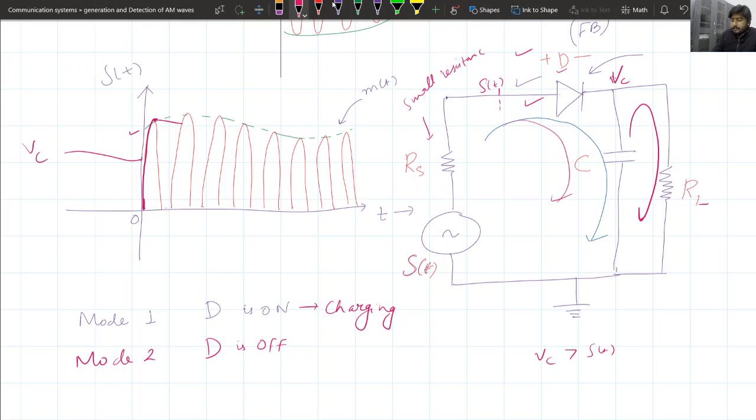And once again, when s(t) goes greater than VC, that is, discharging has been done enough so that the amplitude of s(t) at that instant of time goes greater than the capacitor voltage VC, again it will start charging.